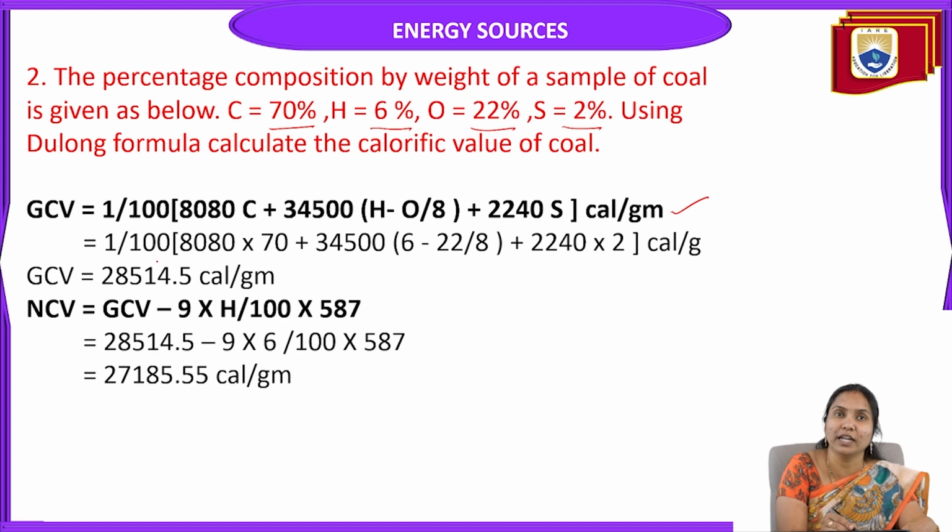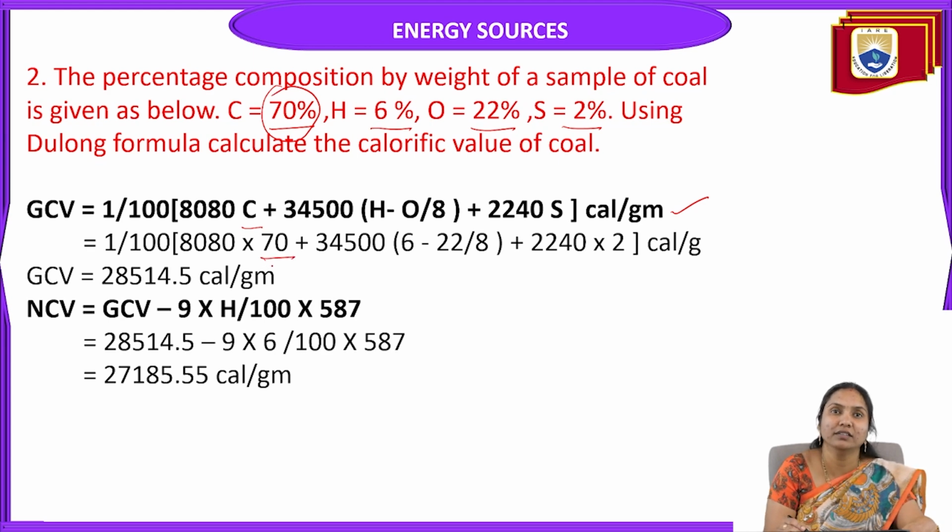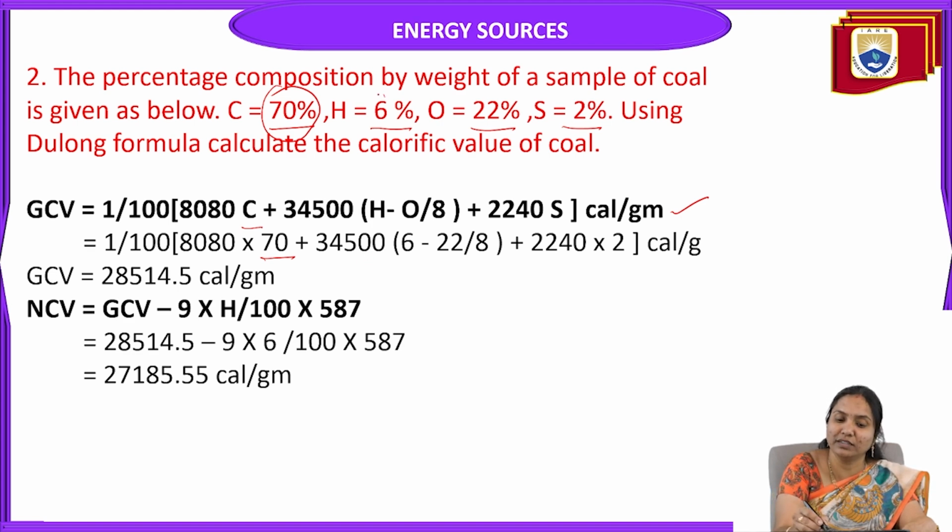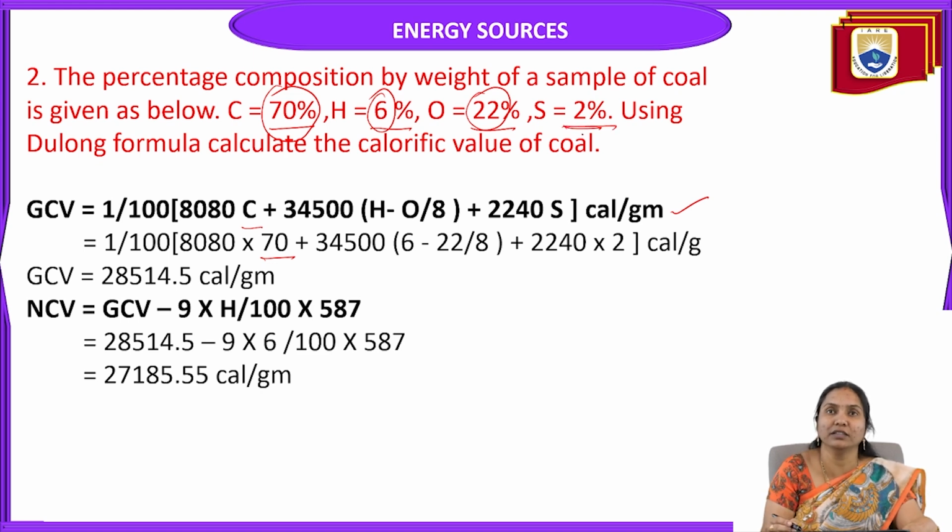So we get 1 by 100 into 8080, with carbon percentage 70, plus 34,500 into hydrogen percentage 6, minus oxygen percentage 22 by 8, plus 2240 into 2, where 2 is the sulfur percentage present in this fuel, calories per gram.